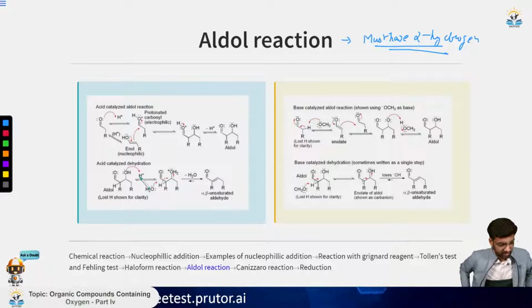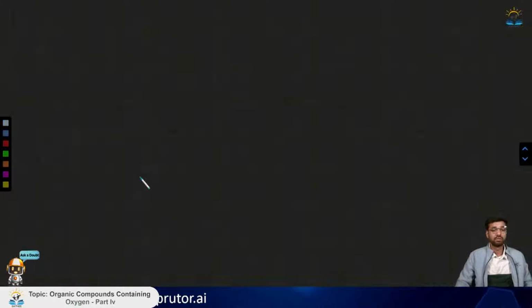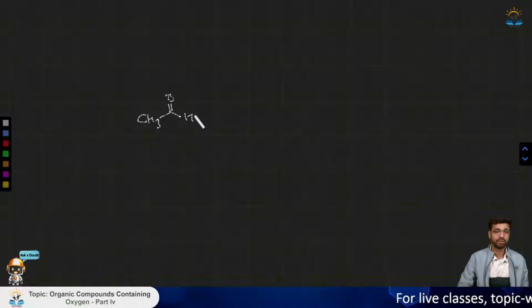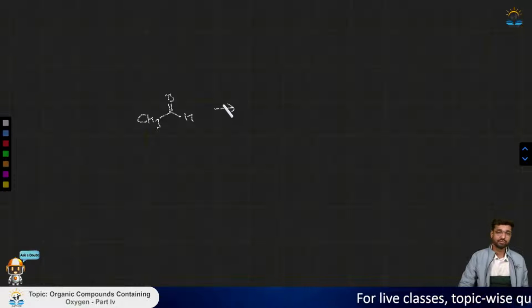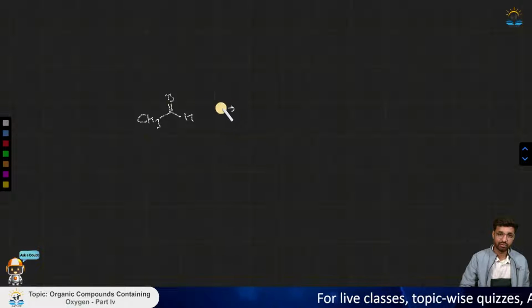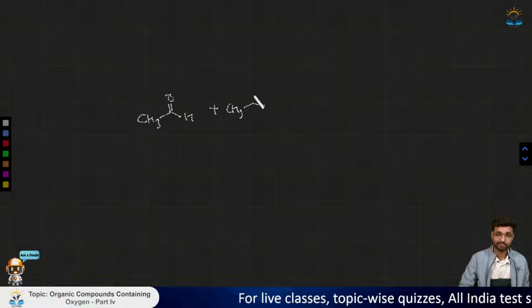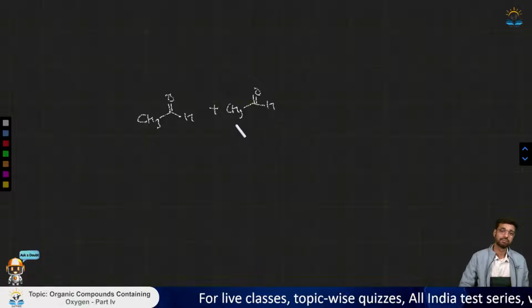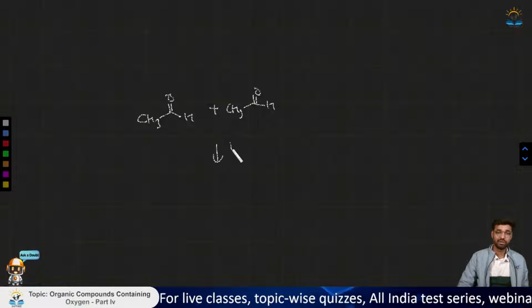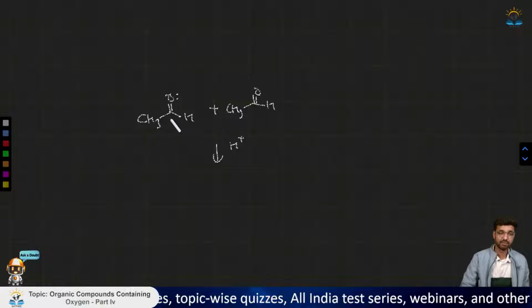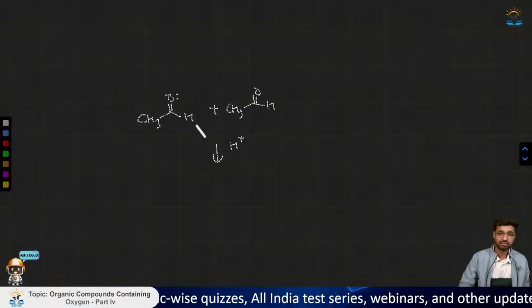Let me make it clear for you. Suppose we are taking an aldehyde that looks like this. Now we will take another mole, so it requires 2 moles of aldehyde. Now suppose this is acid catalyzed. Now what will happen?